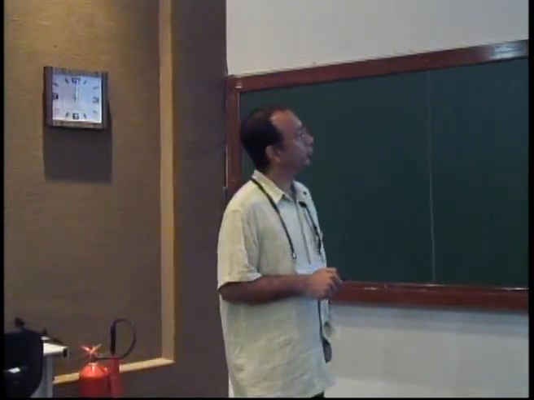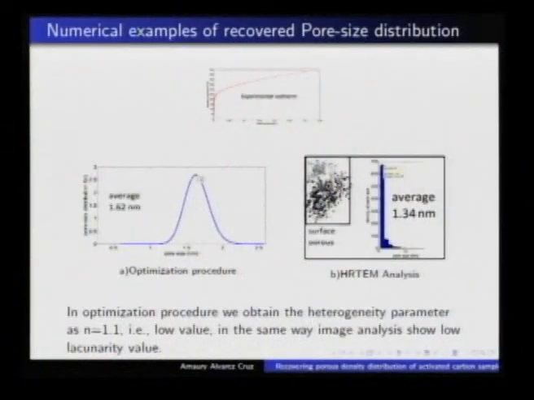Then, from the optimization, we obtain this curve, with only one peak, because we have only one change of inflection in the isotherm, with a median size of 1.62. And after careful analysis of several parts of the surface, we obtain this pore size density.